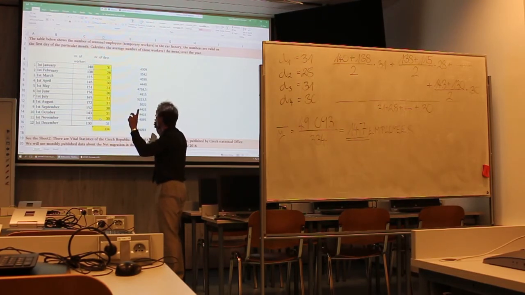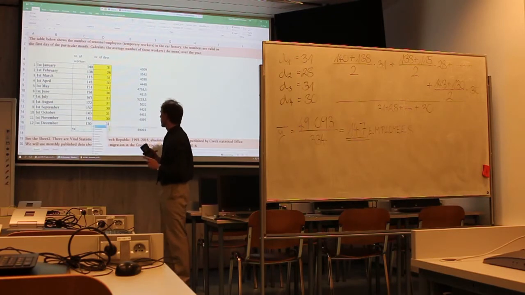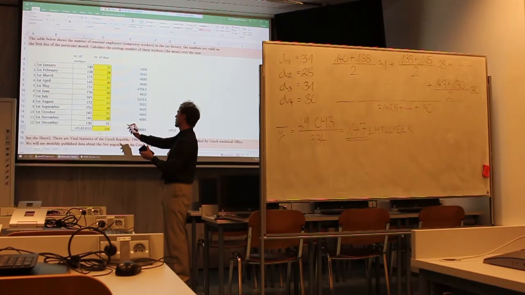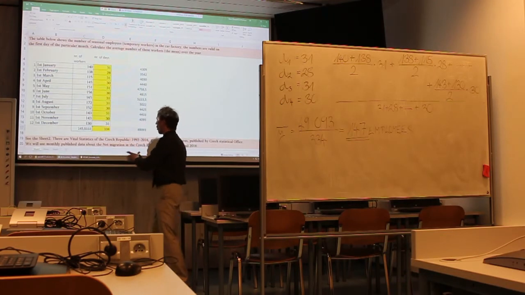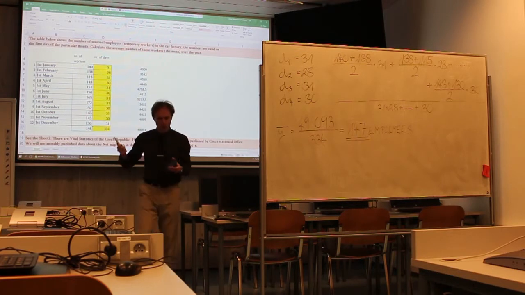If we calculate only simple mean, please calculate here just average, equal sign average. Average returns the average. Yes, classical mean result will be different. 146. Yes, almost 146. 145.8.